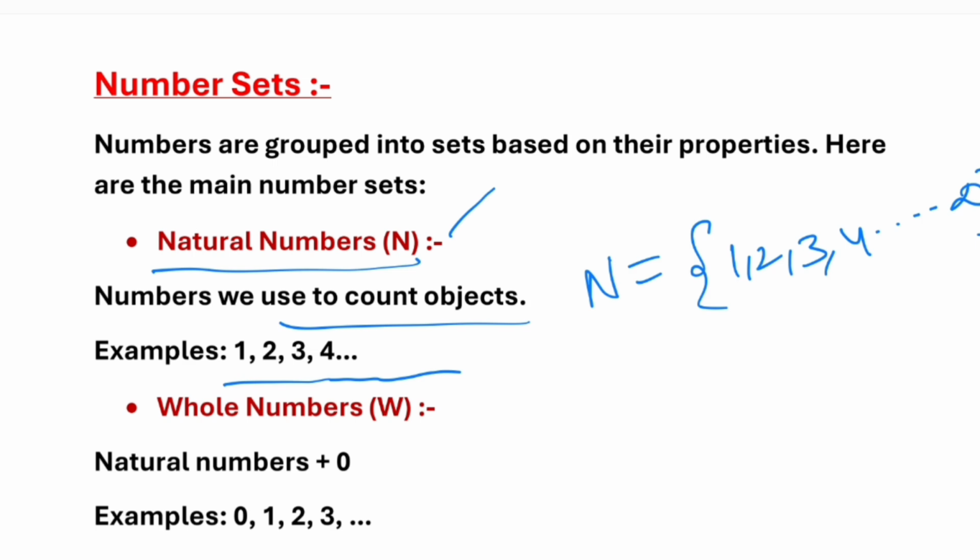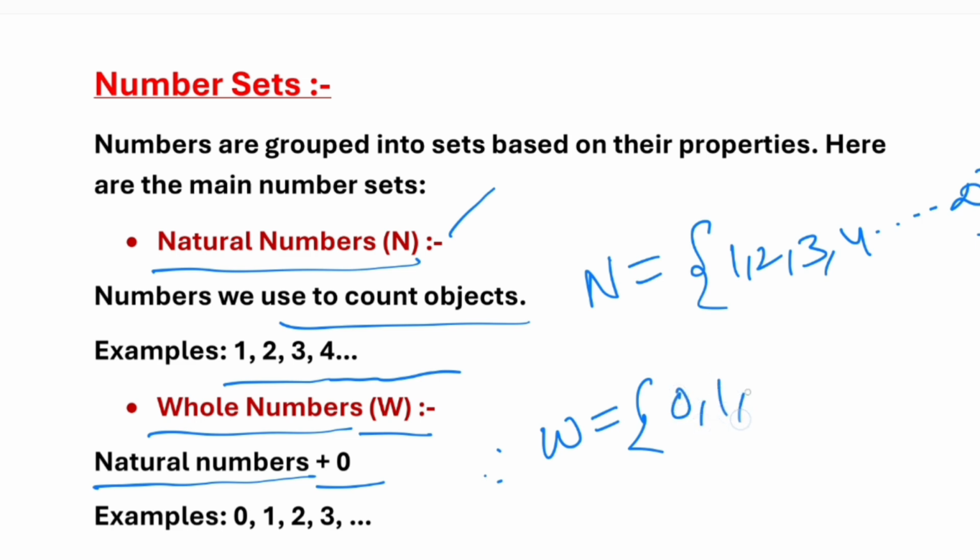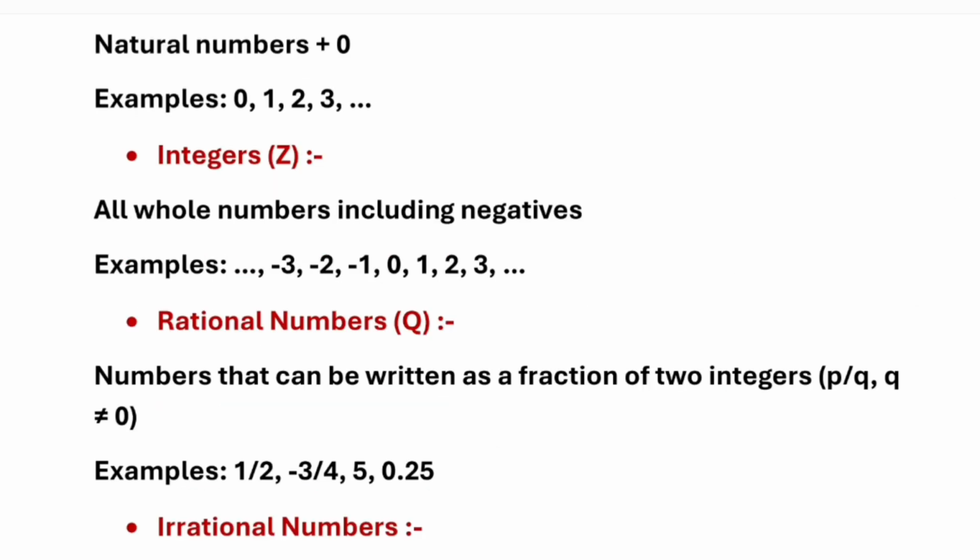And the next one is whole numbers. These are denoted by capital W. The whole numbers contain all natural numbers and 0. Therefore, whole numbers W is equal to the set of 0, 1, 2, 3 and so on to infinity.